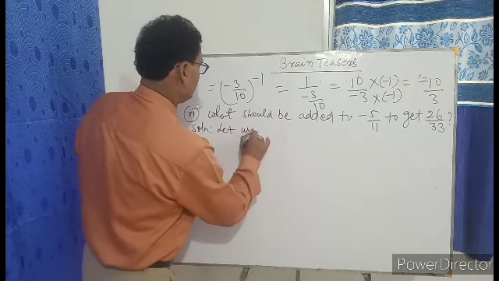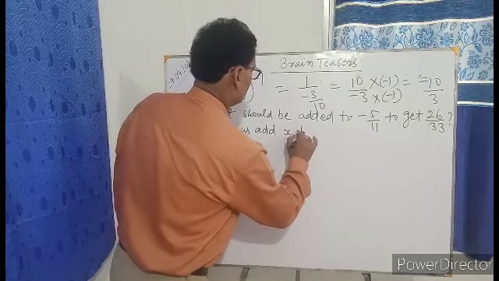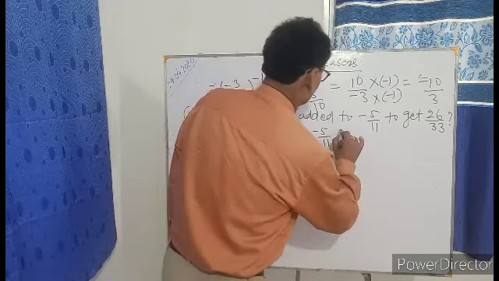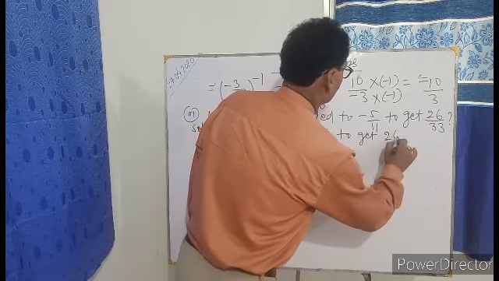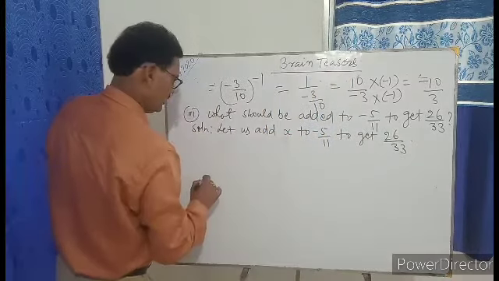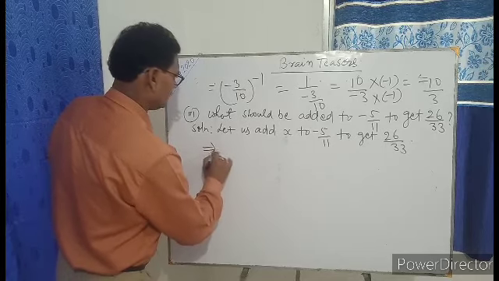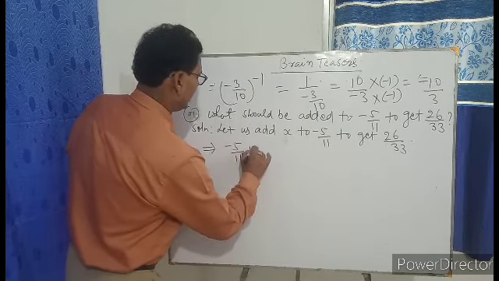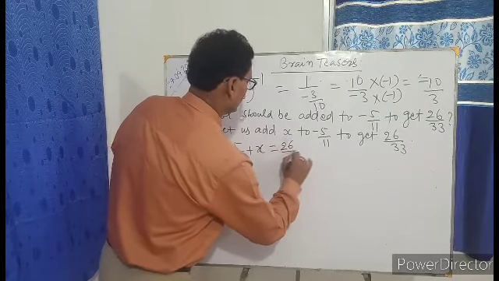Let us add x to minus 5 by 11 to get 26 by 33. So according to the question, this implies that minus 5 by 11 plus x is equal to 26 by 33.